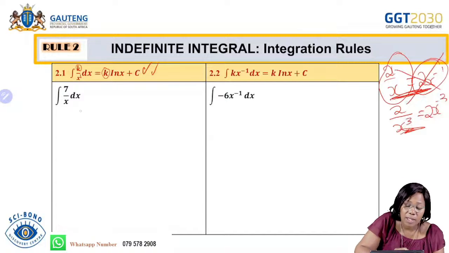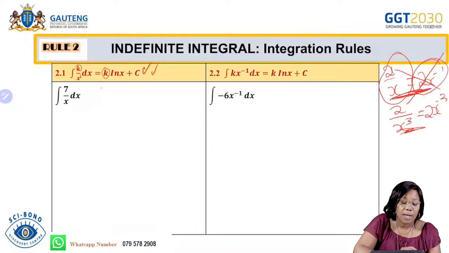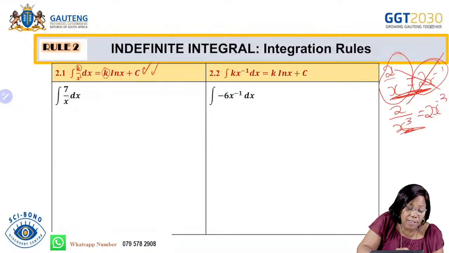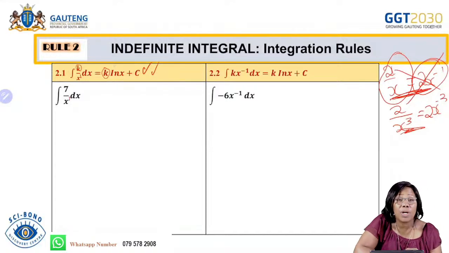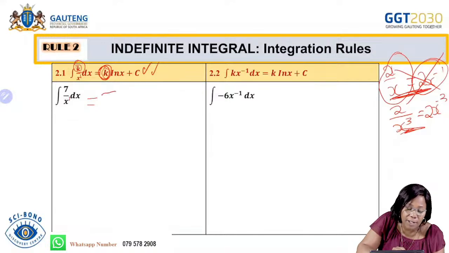All right, now let's look at the example. Integrate 7 over x with respect to x. Since the x is x to the power 1, we are applying this rule. It says take the constant value on top, which in this case is 7.